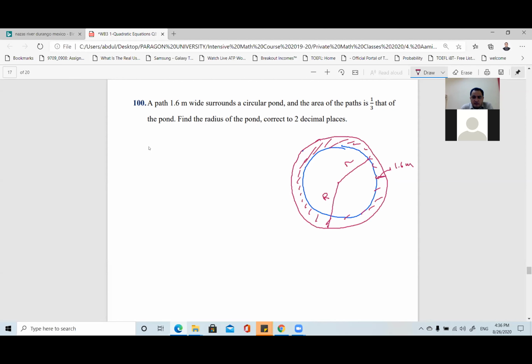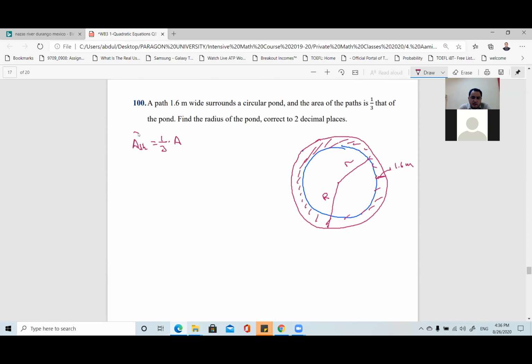It says that the area of the shaded region is 1/3 that of the pond, that is 1/3 of this circle. The area of this shaded part, that is the path, is equal to 1/3 that of the pond.